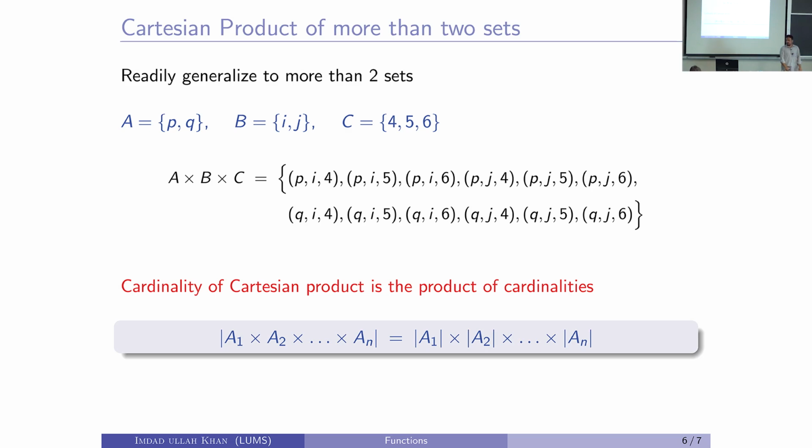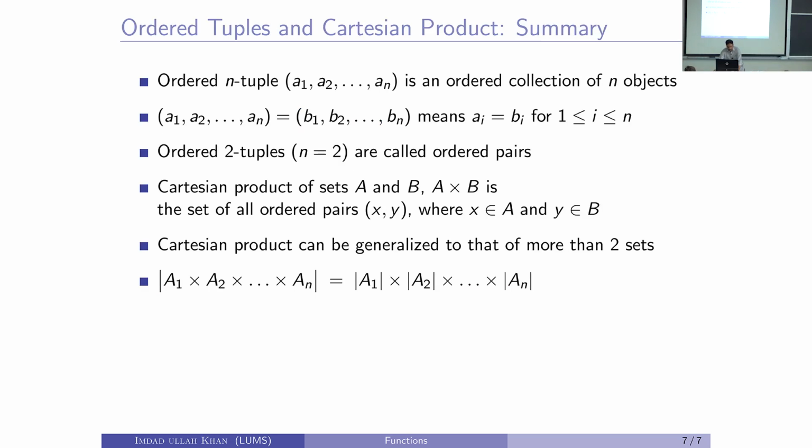What is the product of the cardinalities of A, B and C? 2 into 2 into 3, right? That should be 12. So, generally speaking, if you have n sets and take their cross product, the number of ordered n-tuples you will get is the product of the cardinalities. Okay. So, that is what we did so far.